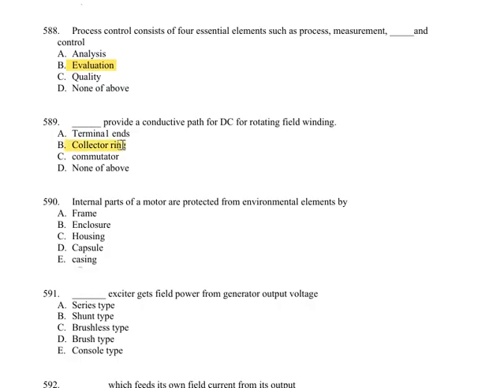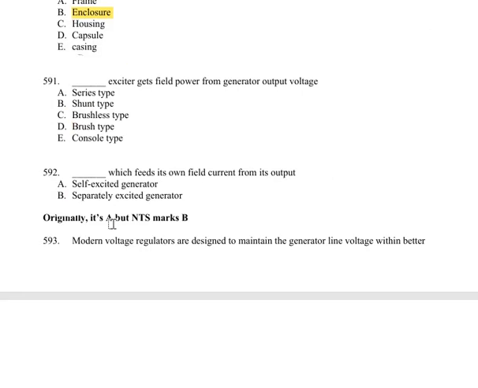Internal parts of the motor are protected from environmental elements by the enclosure. Shunt type exciter takes field power from generator output voltage. A self-excited generator feeds its own current from its output.